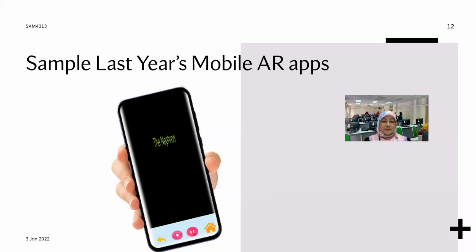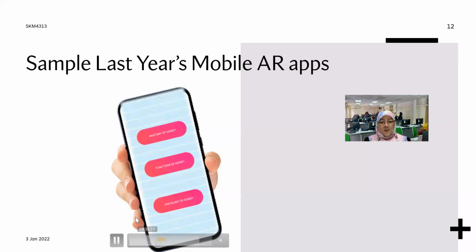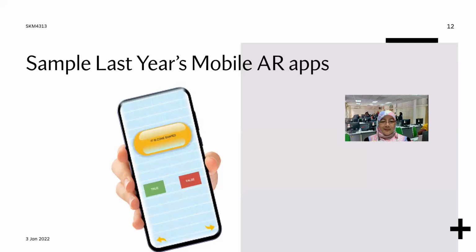So you can see there's also a button to exit, a home button. Then a quiz, a simple quiz, true and false, with simple symbols.